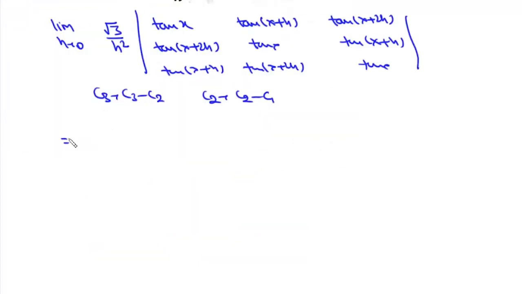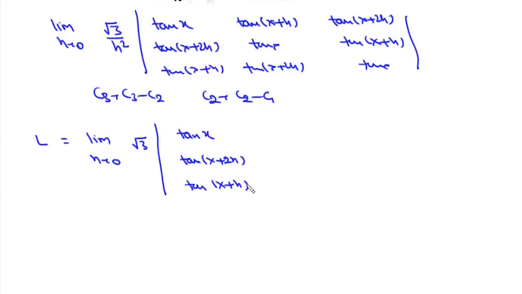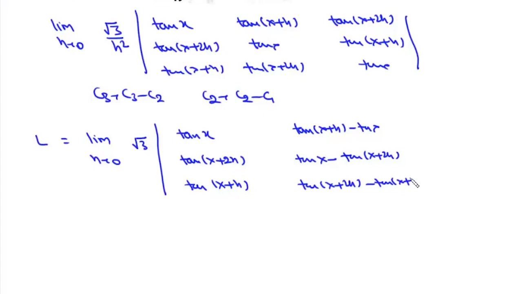We can write this as this limit, say L, and it will be this limit h tends to 0. This is root 3, and here we have tan x, tan x plus 2h, and tan x plus h. Here will be tan x plus h minus tan x. This is tan x minus tan x plus 2h, and here will be tan x plus 2h minus tan x plus h.